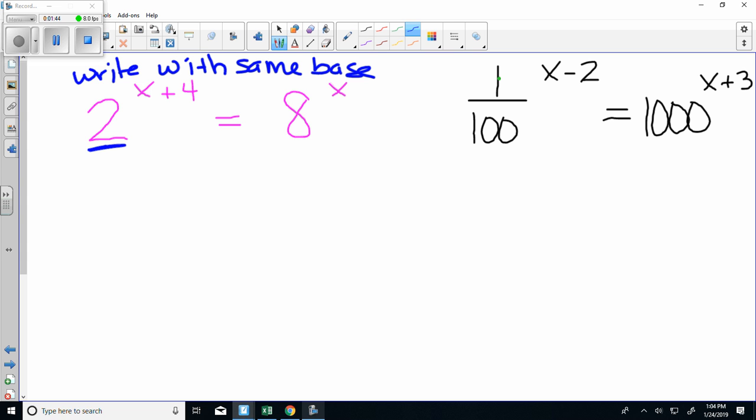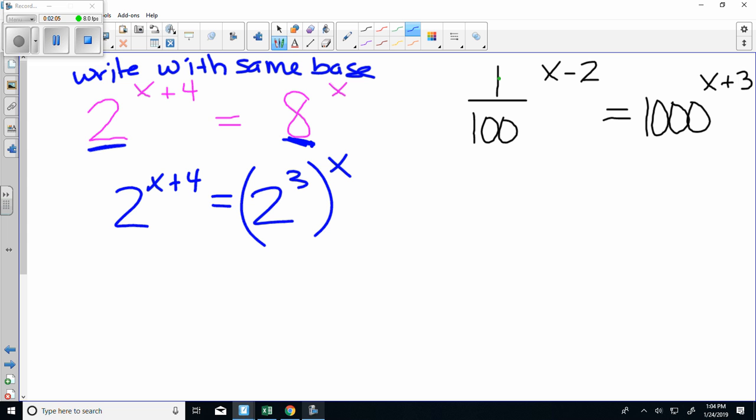Here we have a base of 2 and here we have a base of 8. Well, can we get both of them to be the same? Well, 8 can be changed, because 8 as a base of 2 would be 2 to the third power. And then the x just stays there. So we replace the 8 with 2 to the third, and we leave 2 to the x plus 4.